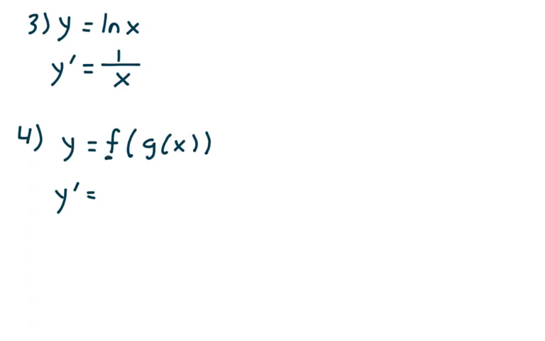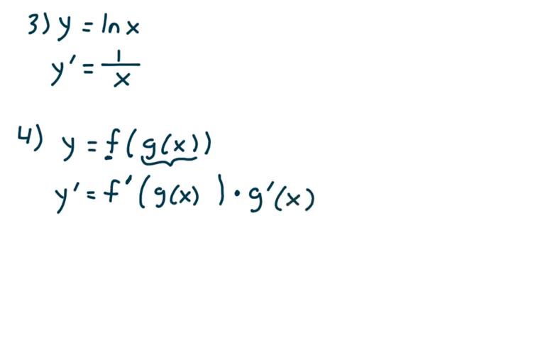I'm going to take the derivative of the outside function, and I'm going to evaluate that at the inside function, which is g of x. I'm going to take that answer, and I'm going to multiply by the derivative of the inside function, g prime of x.